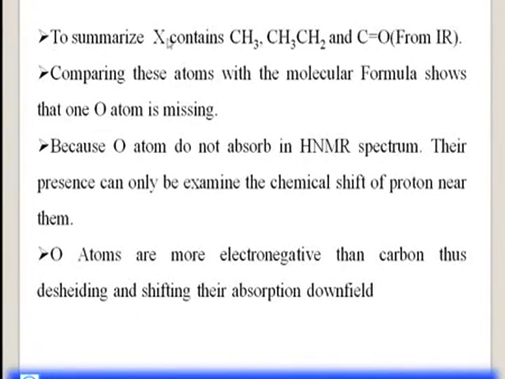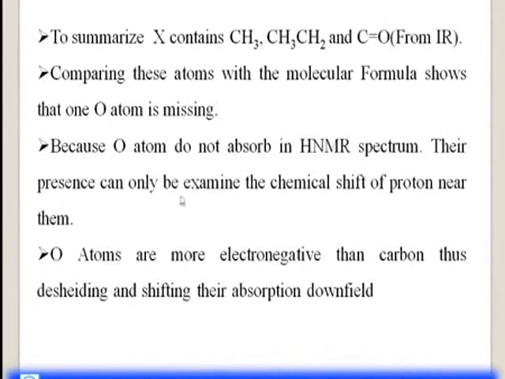To summarize, X contains CH3, CH3CH2, and a carbonyl group also from IR data. Comparing these atoms with the molecular formula shows that one oxygen atom is missing, because we are very much aware that oxygen atoms do not absorb in the proton NMR spectrum.